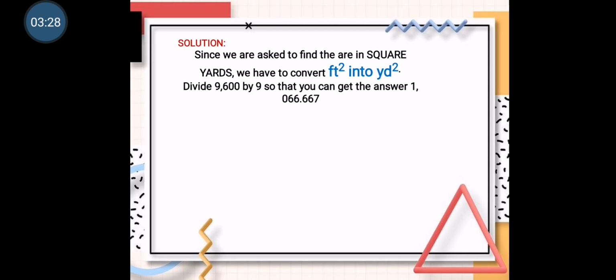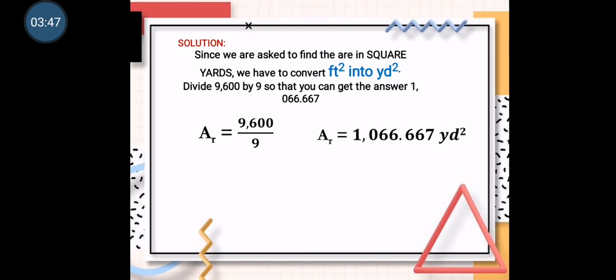Since ang 1 yard po ay equivalent of 3 feet, so ngayon, i-square na natin. So, ibig sabihin, kung 3 feet ang isang yard, dodoblihin natin yung 3. So, 3 squared or 3 times 3, that will be 9. Kaya, yung 9,600 square feet ay i-divide natin kay 9.